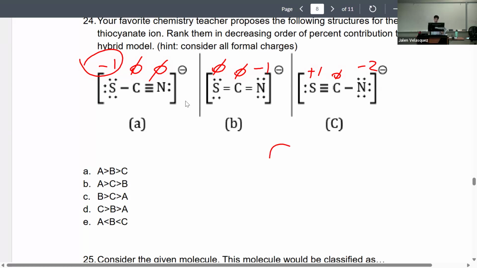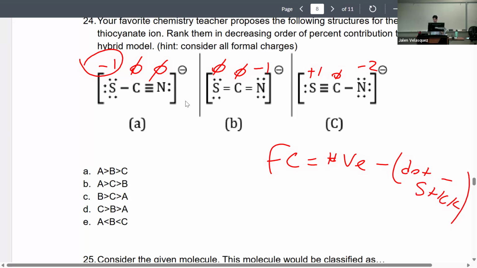Remember that formal charge is equal to the number of valence electrons minus the dots minus the sticks, right? So what answer choice did y'all choose here?